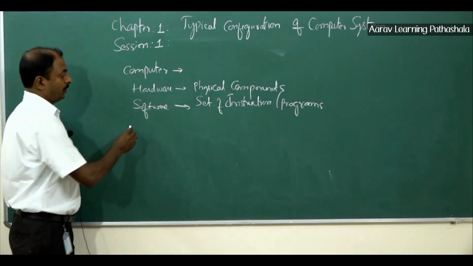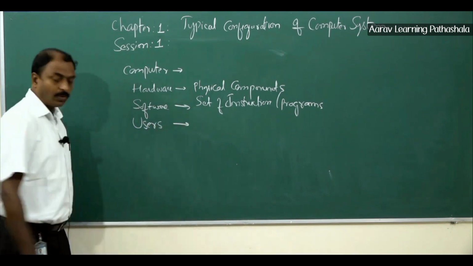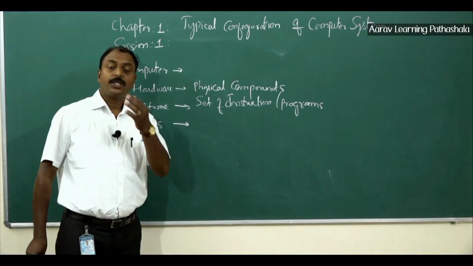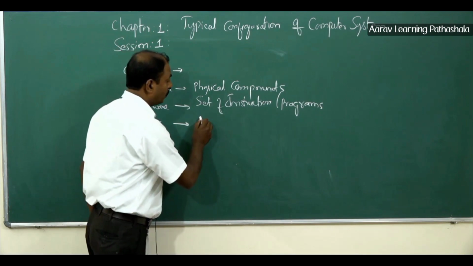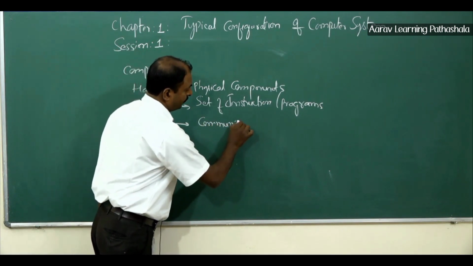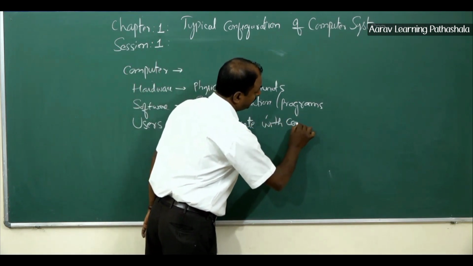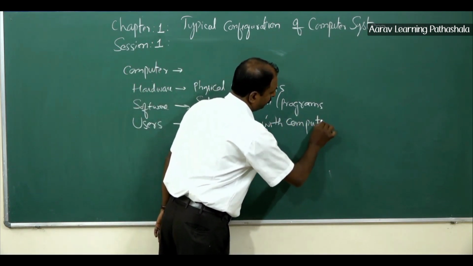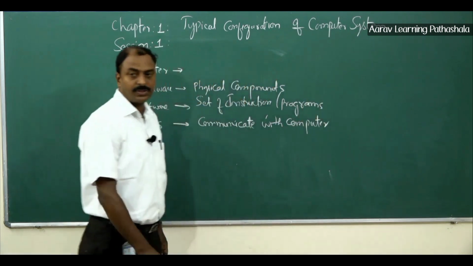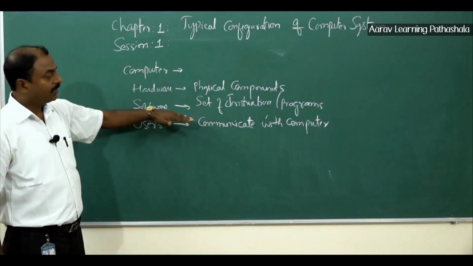And also we have to learn one more word called users. What are users? Users are the ones who communicate with the computer system. So these are the definitions we learned last year.